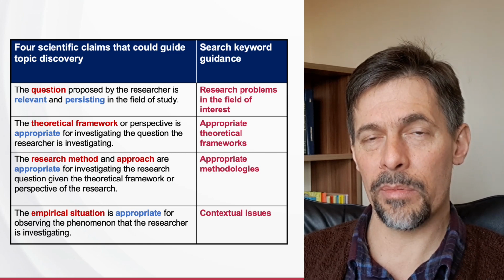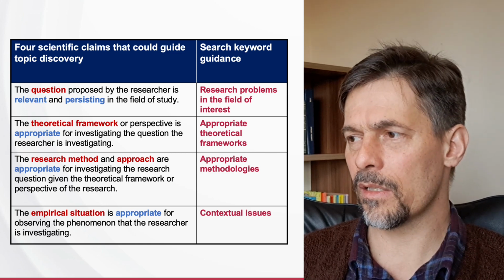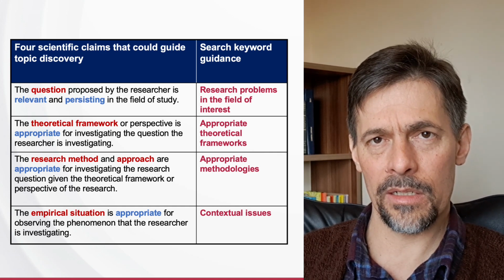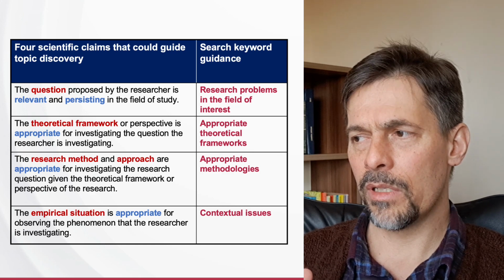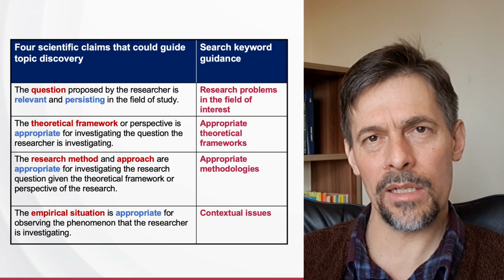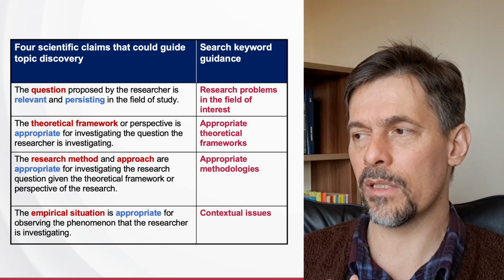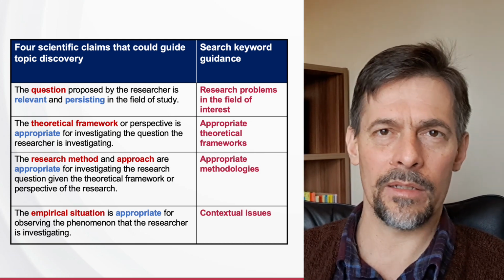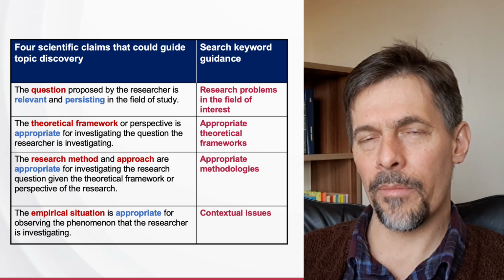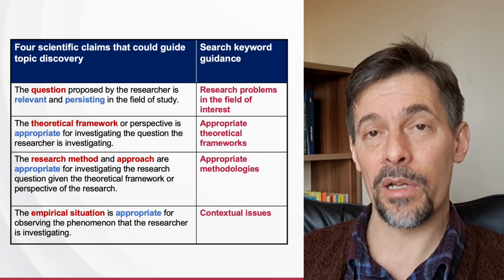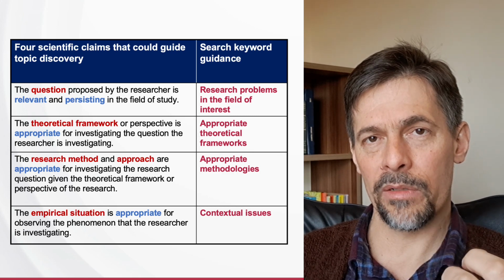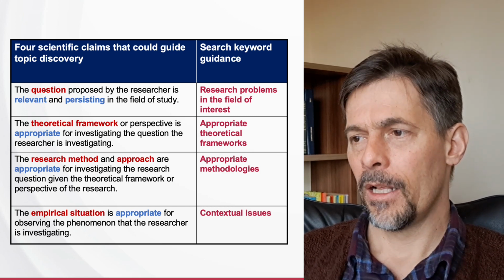And if you use a very specific methodology, let's say case study research, you're going to identify keywords related to case study research in general, but then you're going to have to use keywords for searching these databases that speak to how case study research was used for your topic of interest and how it was used with the specific theoretical framework that you are interested in. Again, the important principle here is appropriate, because you want to identify methodologies that are appropriate for your problem and your topic.